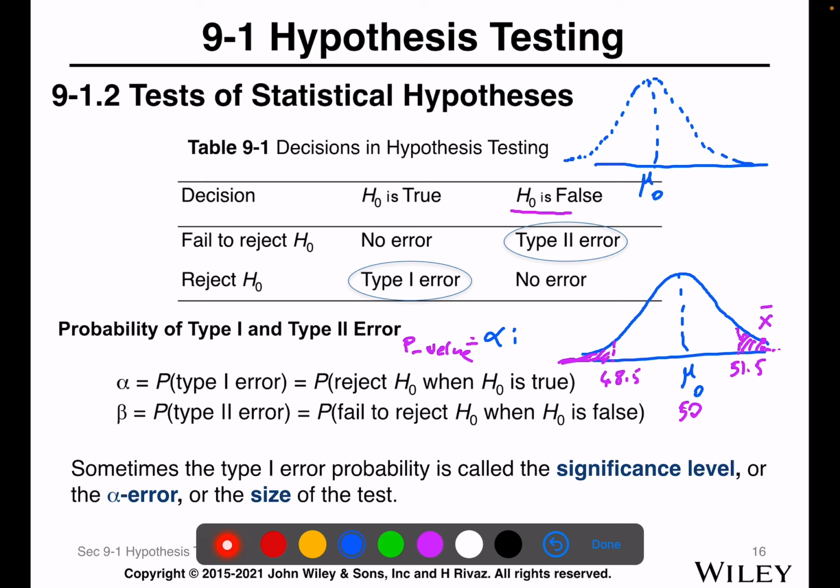Assuming that the actual distribution has a mean of mu 0. But here we are saying that the null hypothesis is false, meaning that mu is actually not mu 0, it's some other value. To calculate type 2 error, we have to somehow guess, or the question has to tell us what is the other mean. So the actual mean is this other guy.